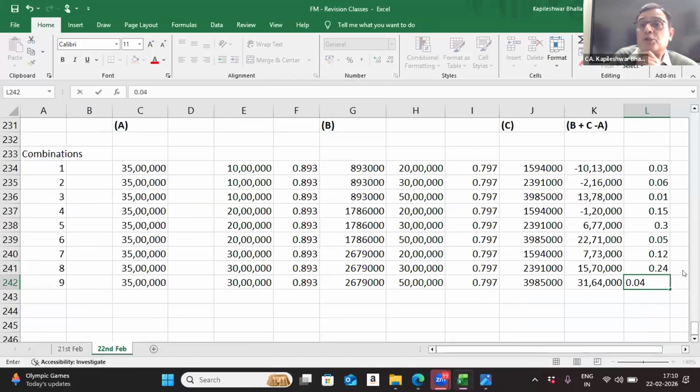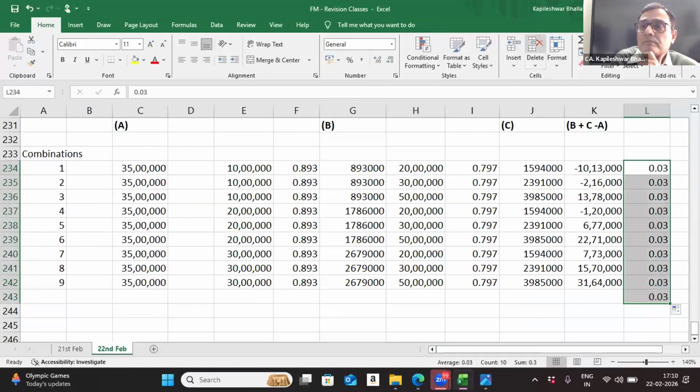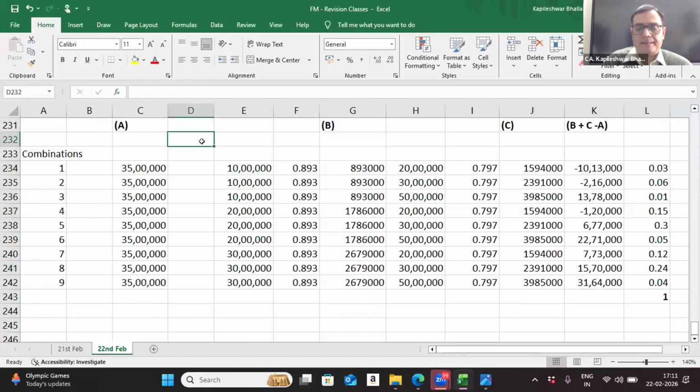We should also ensure that the sum total of the probabilities should be equal to 1. Because if that matches, that means the answer is correct. Let's see the sum total of the joint probabilities as well. Yes, it is coming to 1. So that means the answer is correct.